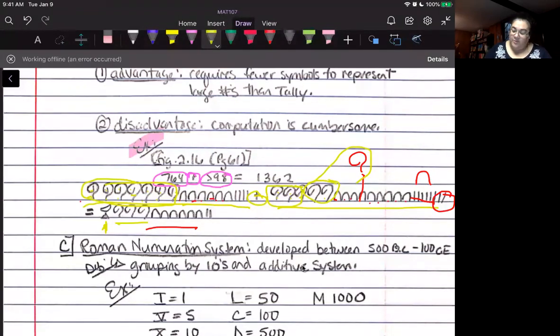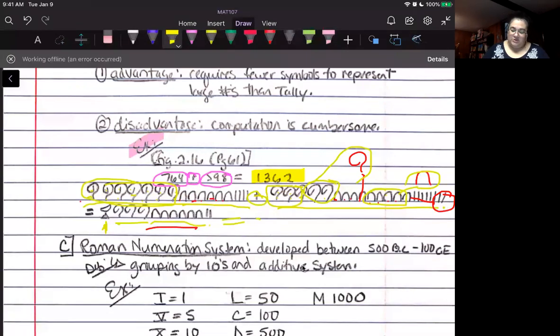Okay, then we had our leftover tens, which were these 5 right here, but we had one more that came out of the ones, so that's right here. And then our leftover ones to get our answer. And our answer is 1,362. Okay, and there's your answer right here. Now, calculation is possible, but you can see that it is cumbersome. So it's one of the reasons why that number system sort of died out, right?